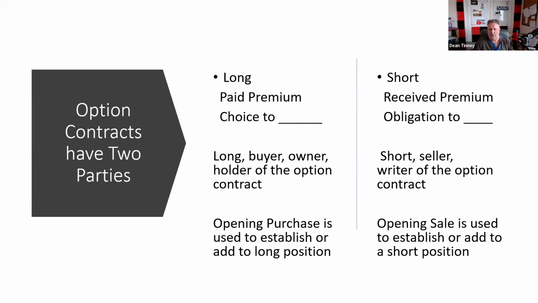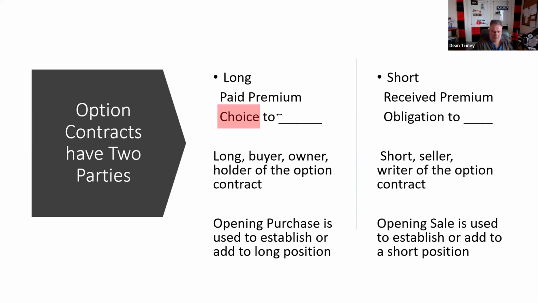You say, Dean, that means you did an opening purchase. The thing that you've got to get to on the exam is, when you hear the word long, buyer, owner, holder, or opening purchase, the word you want is choice. And then you've got a 50-50 chance.